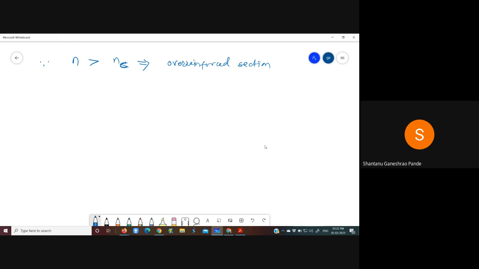So here, we'll first calculate the sigma dash CBC value. Now, what is sigma dash CBC? I will once again draw the cross section and stress distribution diagram. So 2 bars in compression zone, 4 bars in tension zone.